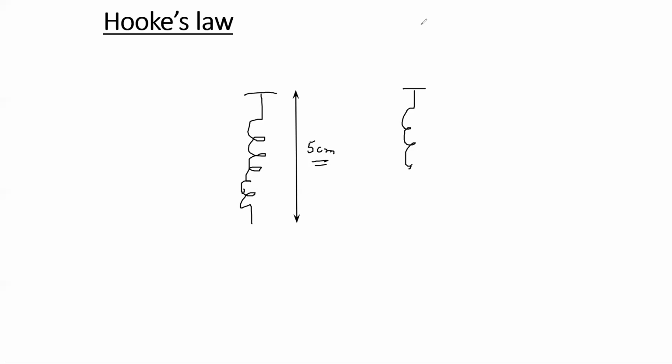If we attach a load of 10 Newton and a load of 20 Newton, which one will produce a greater extension? Which load or which force will produce a greater change in the length of the spring? A load of 10 Newton or a load of 20 Newton?